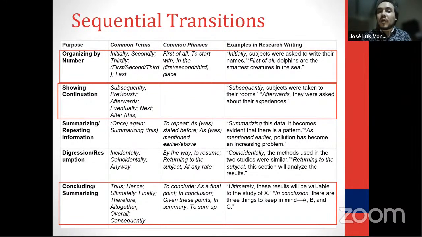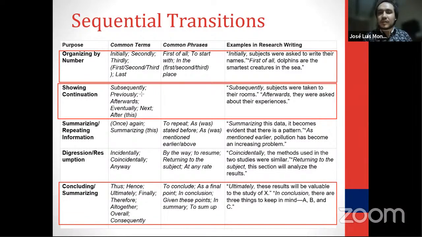And again, all these words use the first formula that we have, okay? All the words use the first formula. If they are at the beginning, the word and comma. Subsequently, comma, previously, comma, afterwards, comma, next, comma, after this, comma. If they are in the middle, again, that's very important, you cannot connect that with comma.